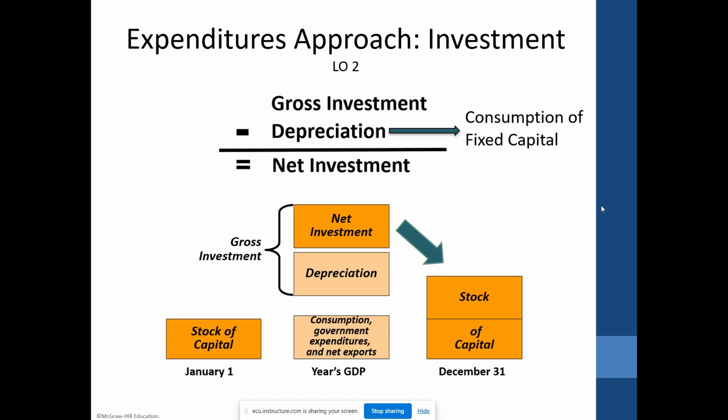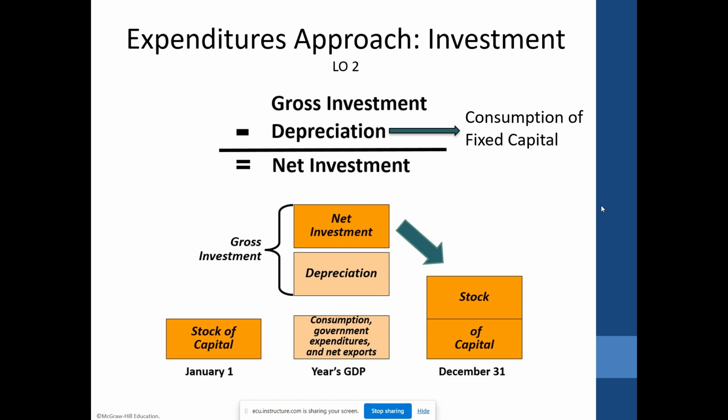Depreciation of capital occurs when firms use fixed capital for production. Depreciation is the reduction in the value of a fixed asset due to usage, wear, and tear, the passage of time, or obsolescence. An assembly line's value differs from that of 10 years ago.